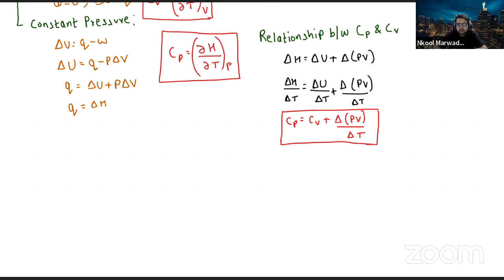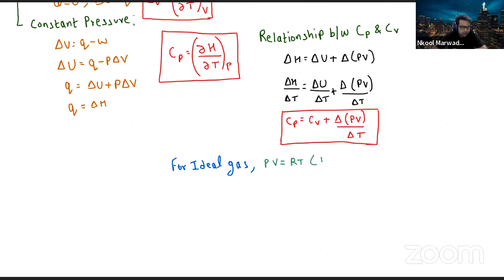For ideal gas, the basic formula which we have studied, PV is equal to nRT, but the number of moles we are taking as 1.